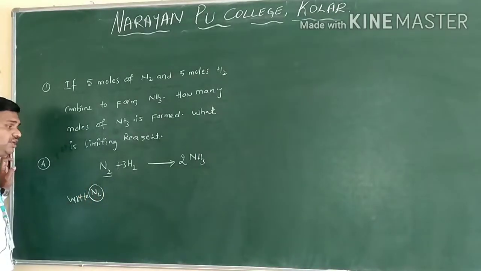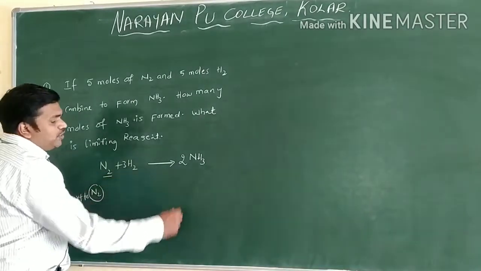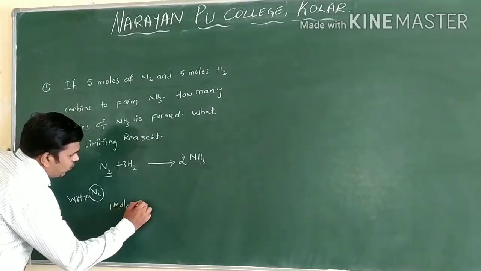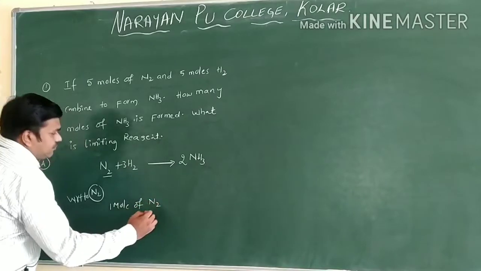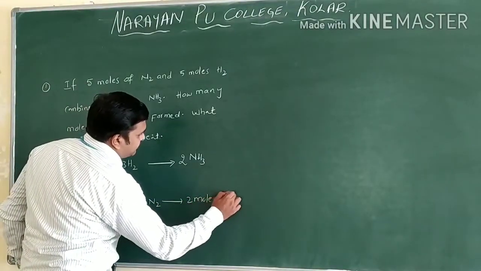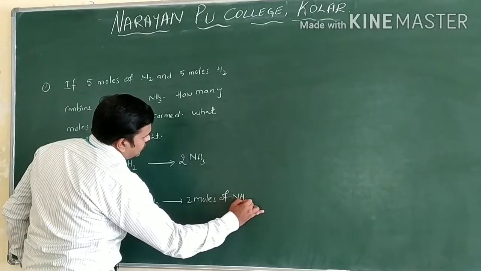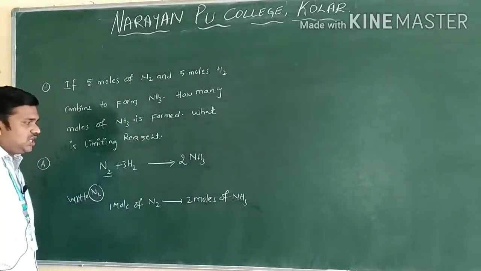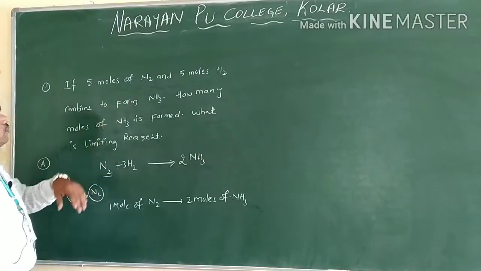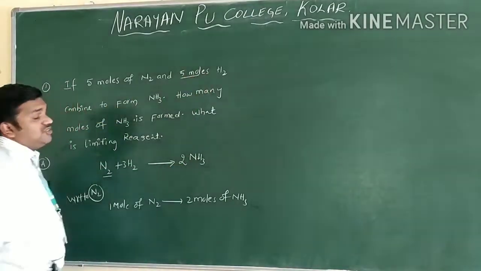With respect to N2, according to the balanced equation, how many moles of N2 do we have? 1 mole, and here how many moles of NH3? 2 moles. So 1 mole of N2 gives 2 moles of NH3. Now in the problem how many moles is given? They gave 5 moles.